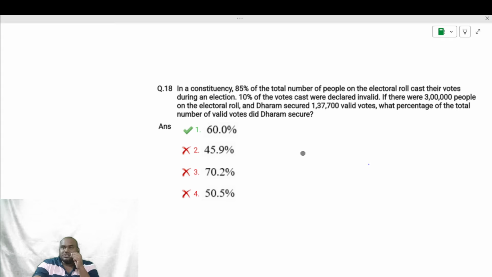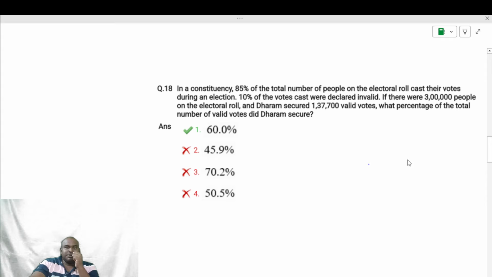If there were 3 lakh people on the electoral roll, and Dharam secured valid votes, what percentage of the total number of valid votes did Dharam secure? Simple question.